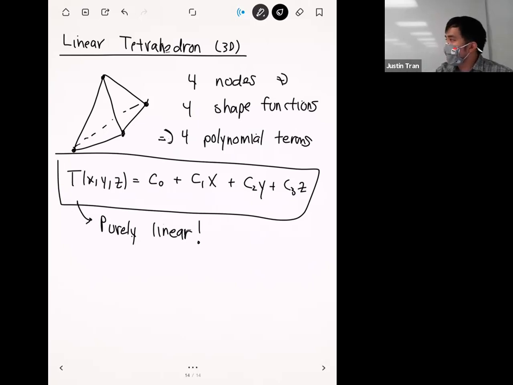No matter which direction you take a derivative in, whether it be x or y or z, you're going to end up with a constant term. And because the linear tetrahedron has so few nodes, this is really the simplest 3D element that you can have.